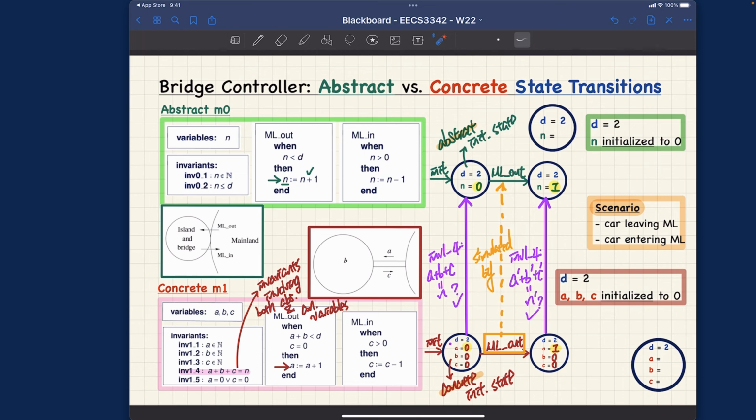Alrighty, so hopefully that makes sense to you, and I've got a little exercise for you. This is really the scenario I'm describing over here. I only completed part 1, right? I say the car leaves the mainland and then goes in this direction over here. That's what I have done. Can you think about what's going to happen if I want to do another transition?